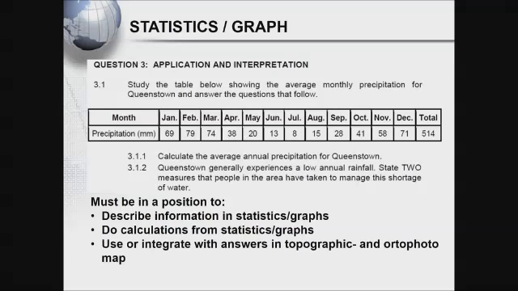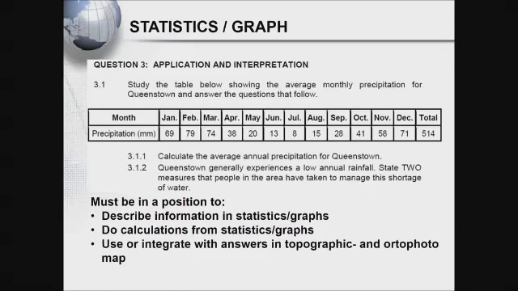Having given this puts the examiner in the position to test your statistical skills, but not only that. He can also test if you can use the statistics and apply that on the map. And that's very, very important. That's some higher order thinking, to use the statistics and to apply it on the map.